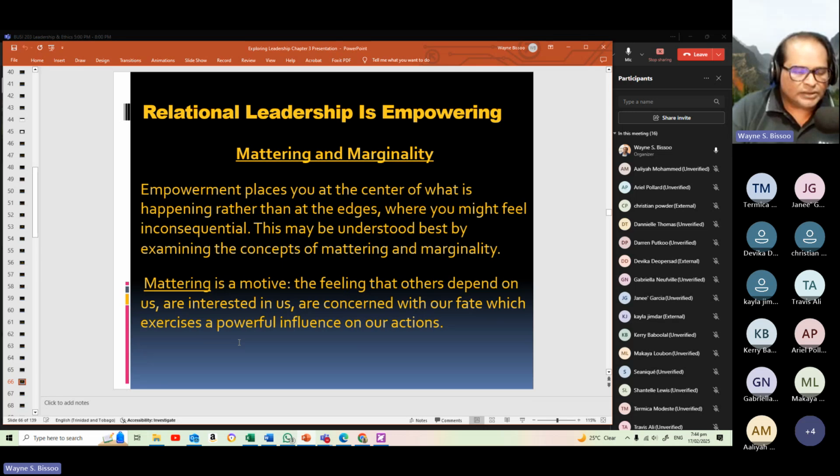Now, we spoke about this in other concerns, mattering and marginalization. Empowerment means that we empower everybody in the organization, at the center, at the edges, everywhere, to make them feel as if what they do and what they say and what they feel matters to the entire organization, and that we don't, as a group of individuals or as a leader, marginalize these individuals.